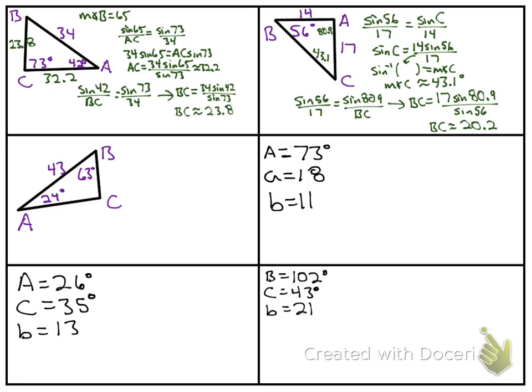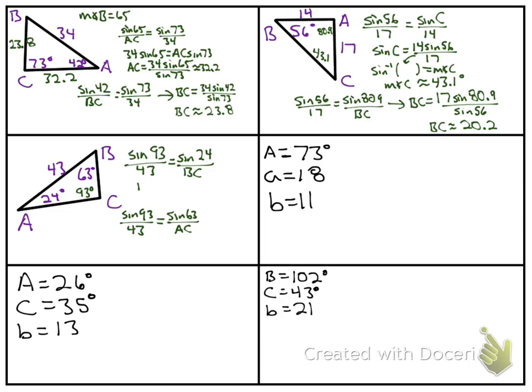Moving down, I have two angles, so 24 and 63 is 87. I can subtract that from 180 and I get 93 degrees. This one I'm going to write out all my proportions, so we're going to go sine of 93 is to 43 as sine of 24 is to BC, so that'll be a proportion to solve. Keeping the same one we know, sine of 93 over 43 is equal to sine of 63 over AC.